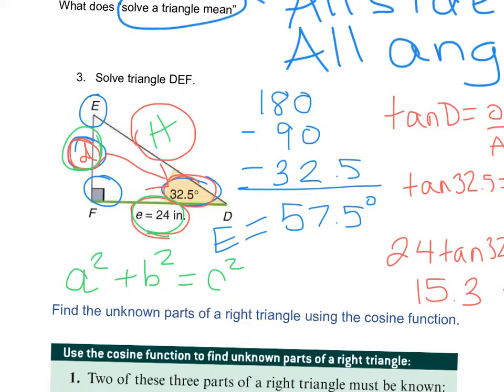So if we typed that in, we would have our 15.3 squared plus our 24 squared, which would equal 810. And then to find out the value of C, we would need to square root that. So our C is approximately 28.5.